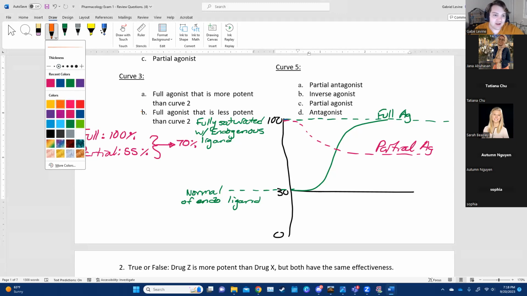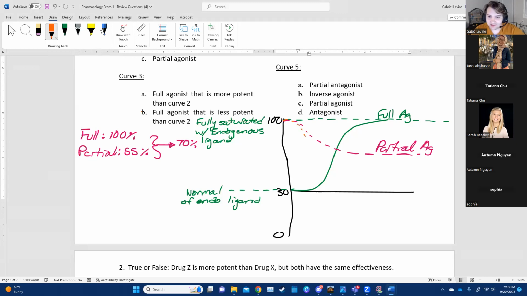Likewise, if you have an antagonist, it will come in and try to decrease the activity of the cell back to the basal amount. Now, what's important to note is that this is very, very concentration dependent. Okay, so it depends on the dose.